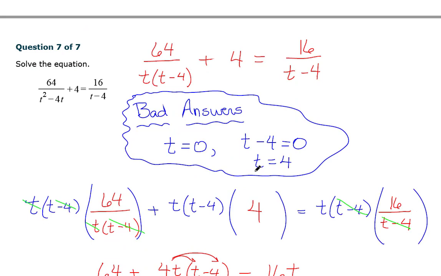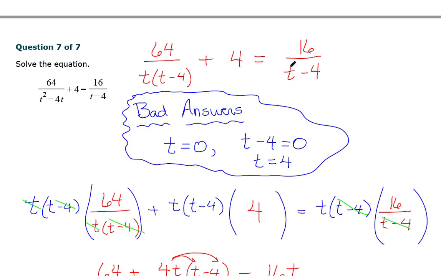Let's see, what about question 7? What needs to be factored? T minus 4, that's okay. This doesn't even have a denominator. It's okay. And here, there's no numbers in common, but there is a t that I could take out. Now, are there any numbers or values for t that would blow the whole thing up?